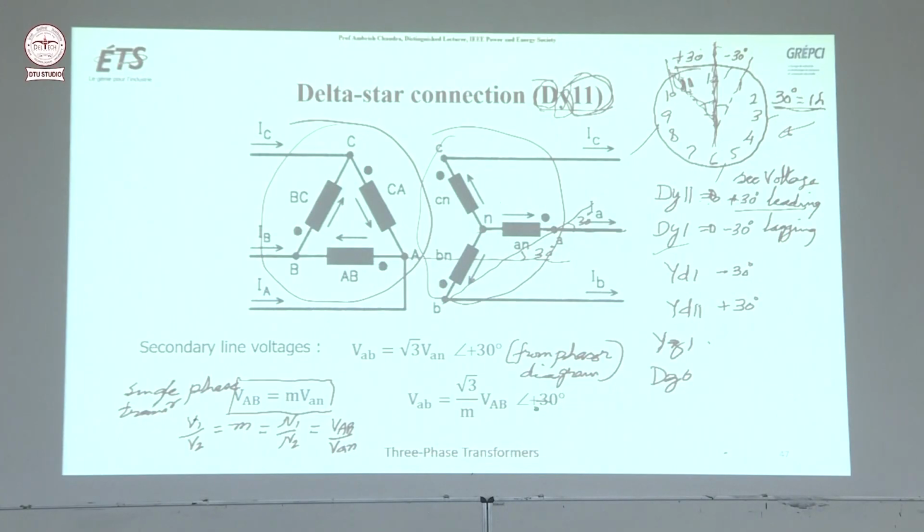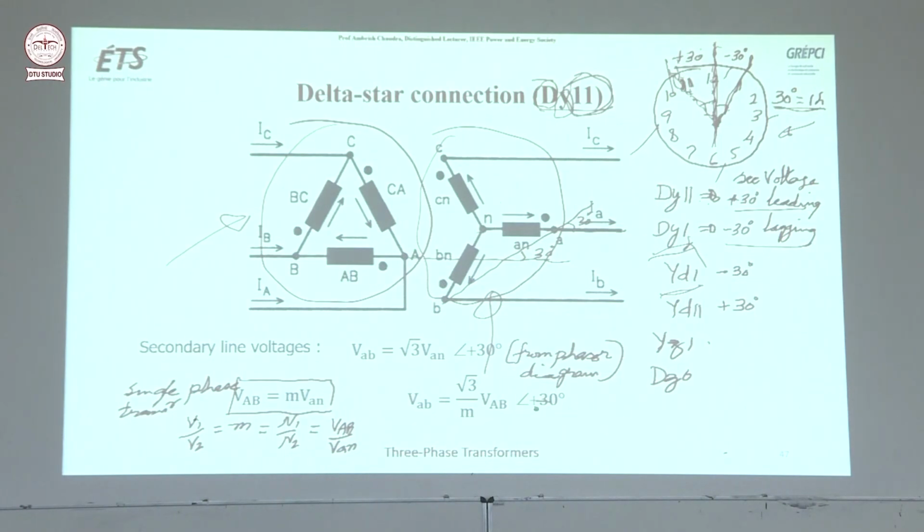If you say DY1, again on the primary side you have delta winding, on the secondary side you have star winding. 1 means the secondary voltage is lagging by 30 degrees with respect to the primary. If we say a YD1 transformer, primary is star, secondary is delta, and the secondary voltage is lagging by 30 degrees.